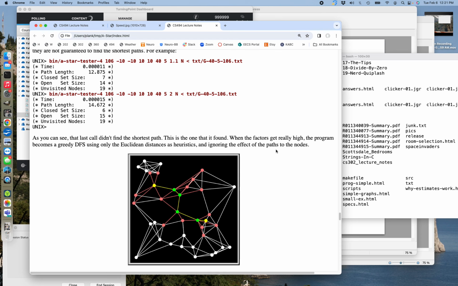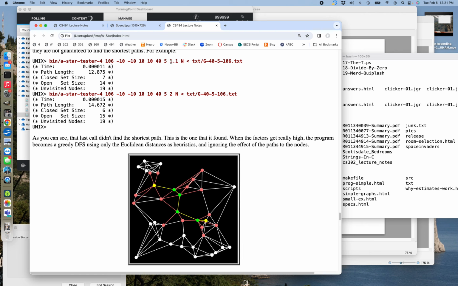So what I did here, now I want to make estimates that are too big. And if my estimates are way too big, like infinity, then it becomes a depth first search. So it's kind of nice that A star runs the gamut between Dijkstra and depth first search, which is neat. So H value is too big. This parameter is what I multiply the Euclidean distance by to make my H values too big.